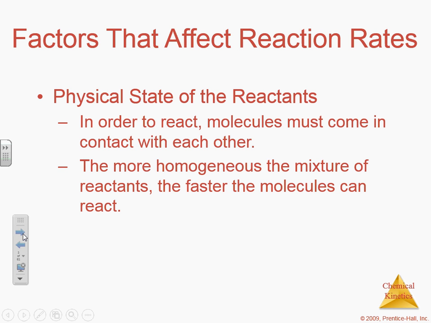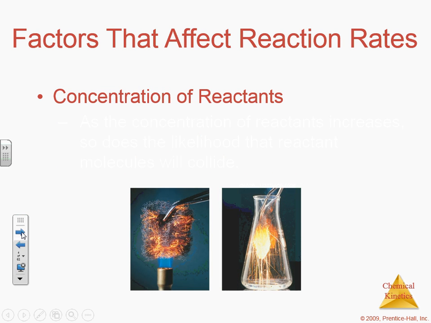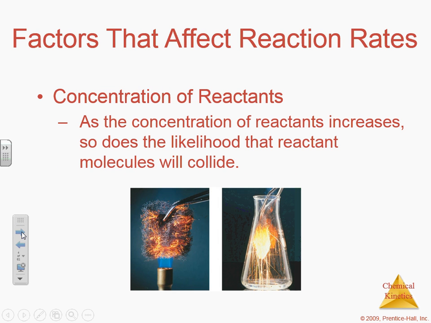Think about it. Because the molecules are completely dissolved, they're going to be in more contact than in a heterogeneous mixture, so in a homogeneous mixture they're going to react faster.